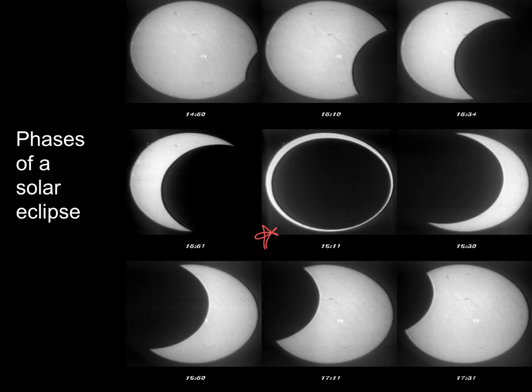If the moon had been at perigee, at its near point to the Earth, this would have been a total eclipse. Whether you see a total eclipse or an annular eclipse just depends on the distance of the moon from the Earth, whether it's at perigee or apogee.